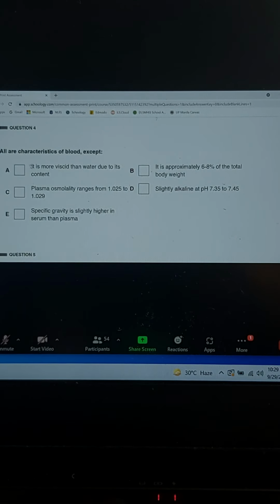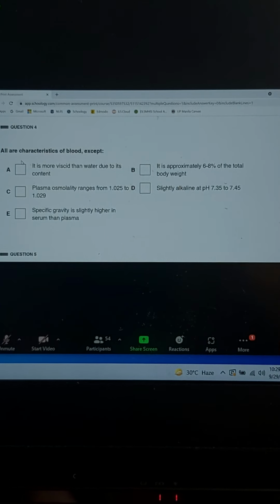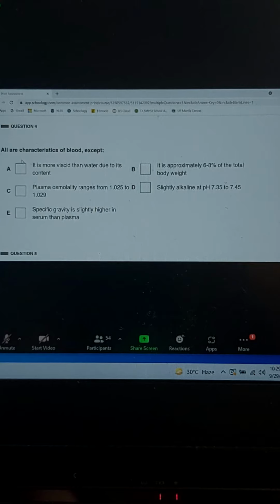Number 4. So all are characteristics of blood except. Okay? So what's the answer? So lahat daw ito characteristic ng blood maliban sa anong letter? Okay.